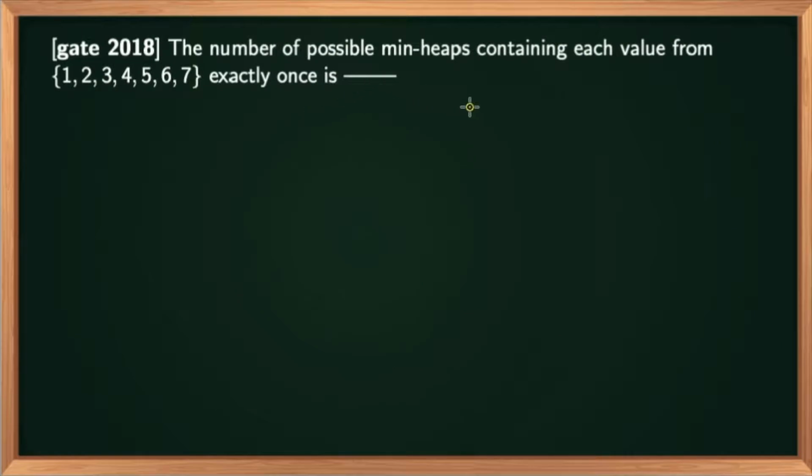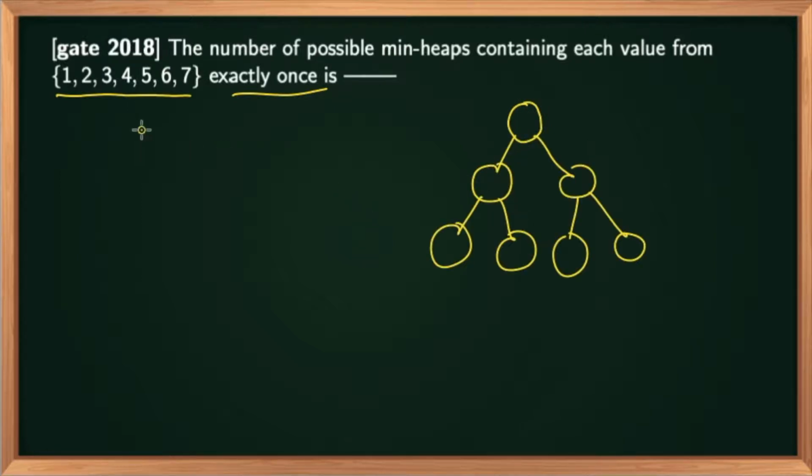The number of possible min heaps containing each value from 1 to 7 exactly once, right? So we know the structure of the heap should be like this. Now we can use the combinatorics idea to find the number of heaps, or we already know how to do this using this tree, right? What our idea is, for each node, we have to count the number of nodes in the left subtree plus the number of nodes in the right subtree plus 1, right?